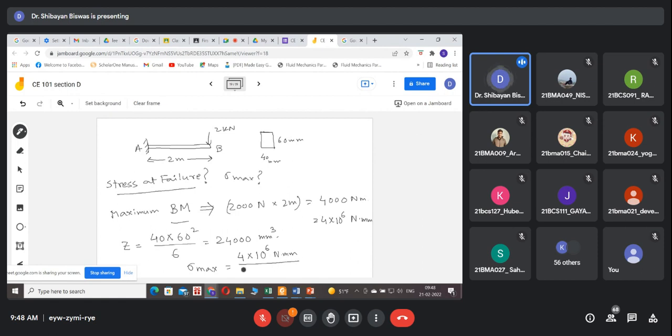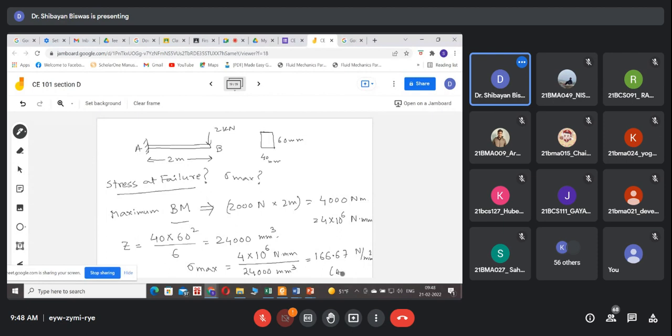And here the Z is 24,000 millimeter cube. So it is coming 166.67 Newton per millimeter square. Have you done it like this? I think this millimeter cube is 10 to the power 6. Yeah, you are right, 10 to the power 8 is coming.